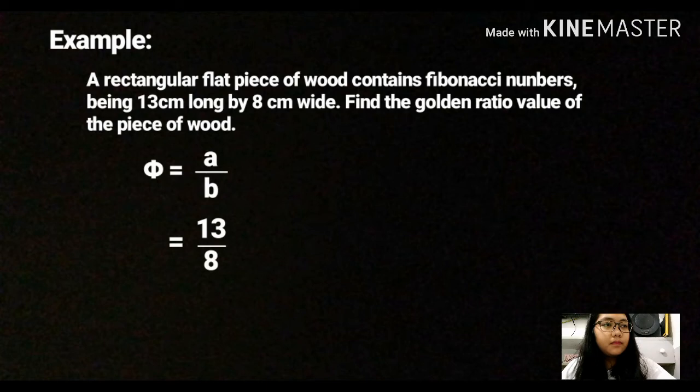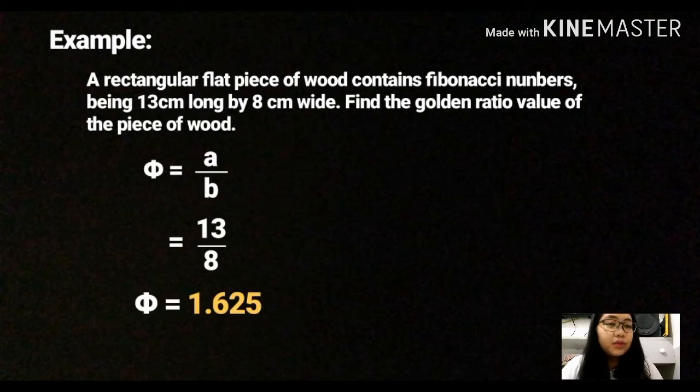And to get the answer, just divide 13 by 8. So 13 divided by 8 is equal to 1.625, which means the golden ratio of the piece of wood is approximately 1.625.